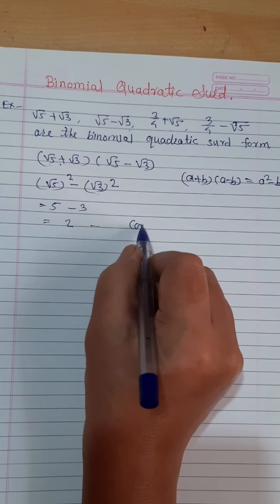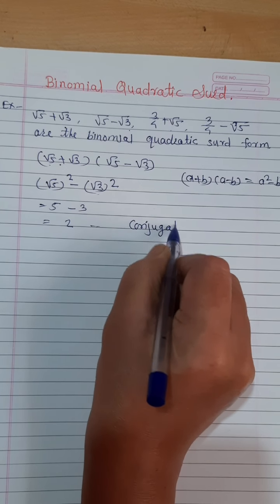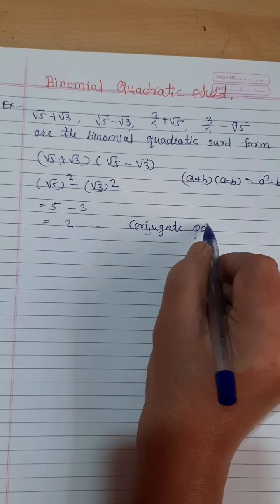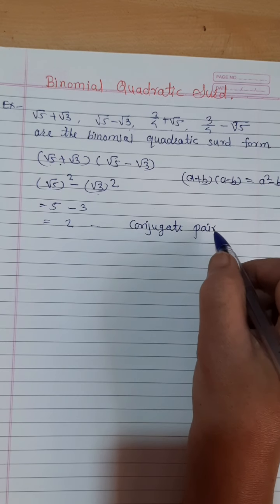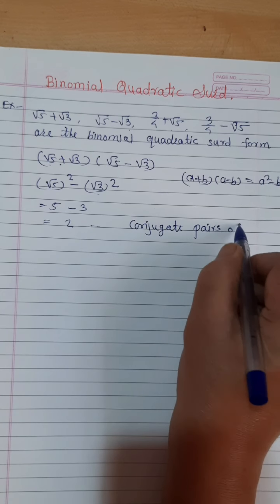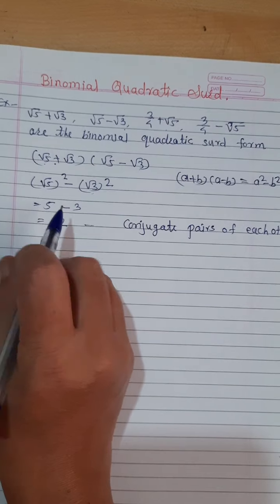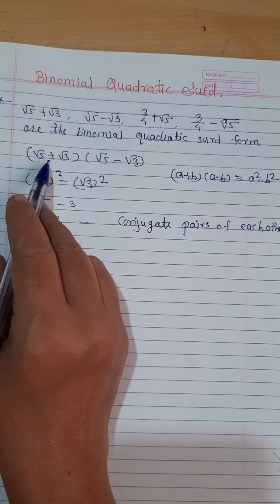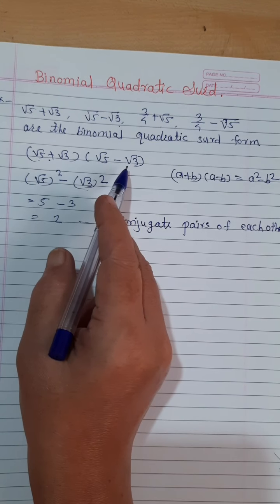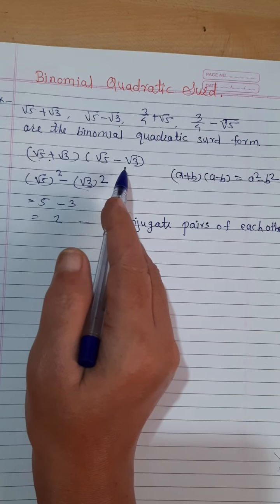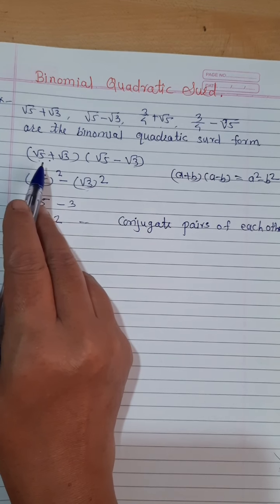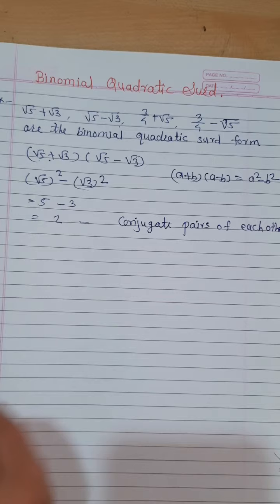Therefore it is called a conjugate pair. Root 5 plus root 3 is the conjugate pair of root 5 minus root 3, and root 5 minus root 3 is a conjugate pair of root 5 plus root 3.